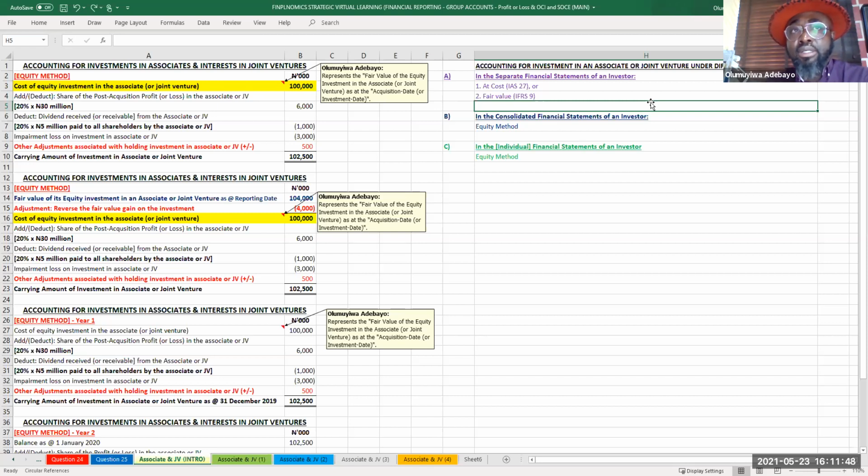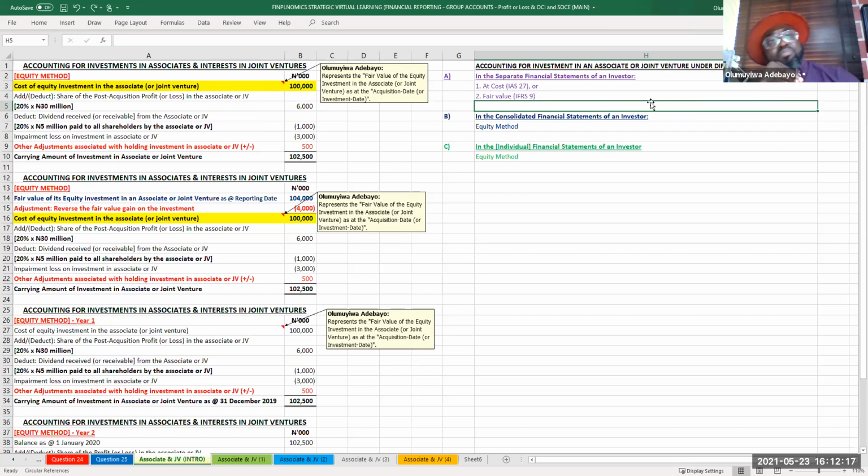Whereas a consolidated financial statement is the separate financial statement of the parent that is combined, in line with the requirement of IFRS 10, with that of the subsidiary. And the last one is the individual financial statement: simply put, the financial statement of a single entity that is not a parent to any other entity.